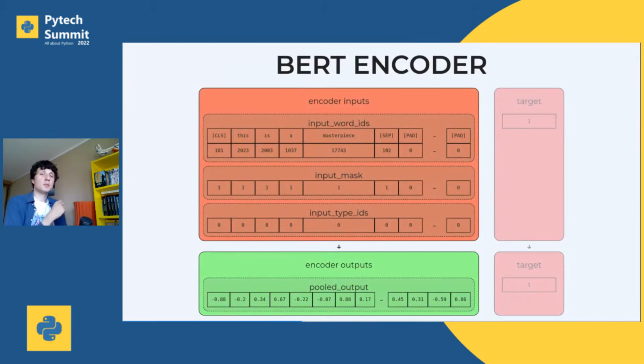Once we have the text transformed into those 3 vectors, we can feed this to the proper BERT model, which here is called the BERT encoder. This is the big transformer attention-based model that is rather heavy. This model is going to produce a few outputs, but the one that we are interested in is called pooled output, because it contains a multi-dimensional summary vector for each text we gave as input.